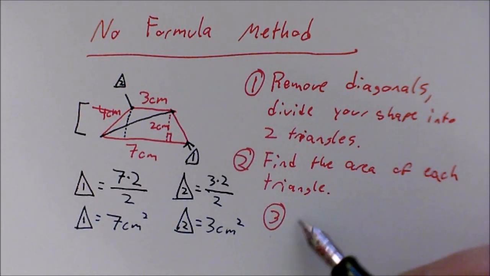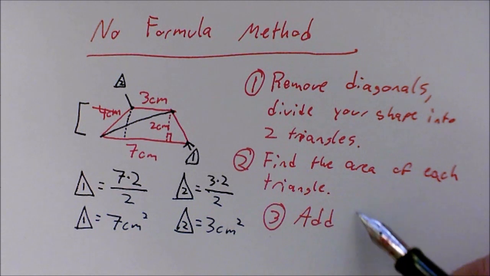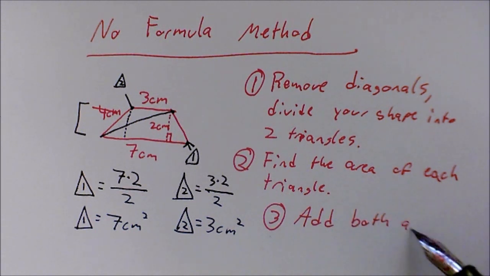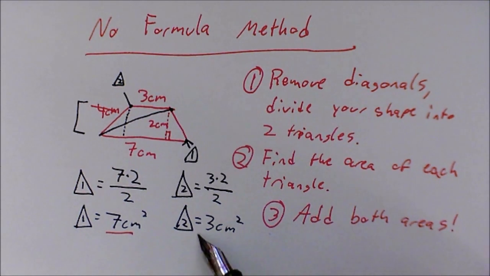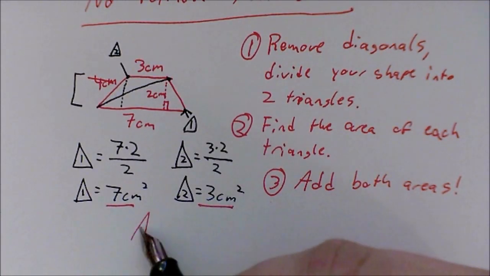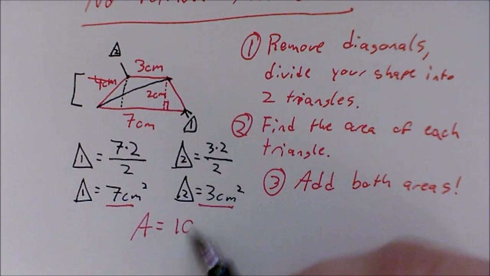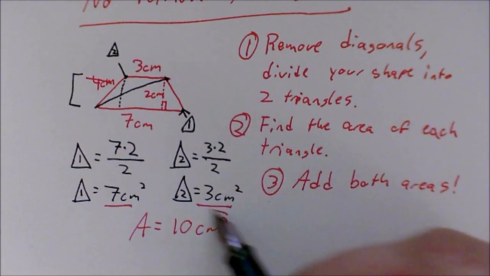And that third one is to add both areas. So, we will take our 7 centimeters squared and our 3 centimeters squared, add them together to get our final area of 10 centimeters squared.